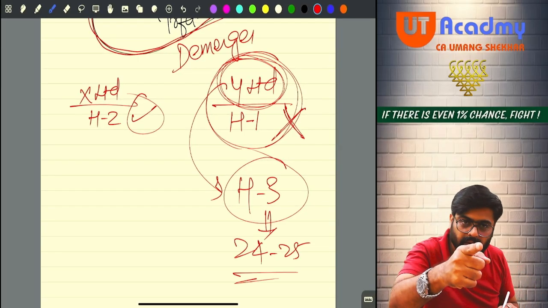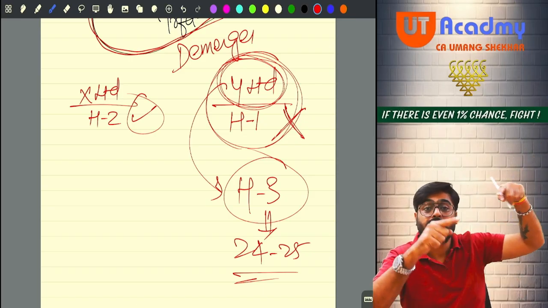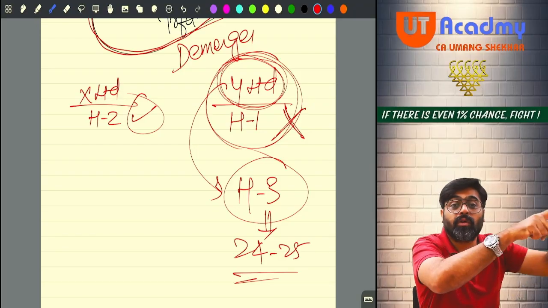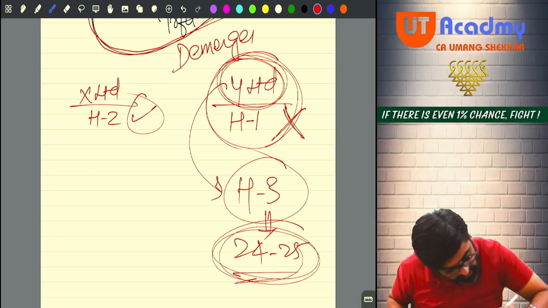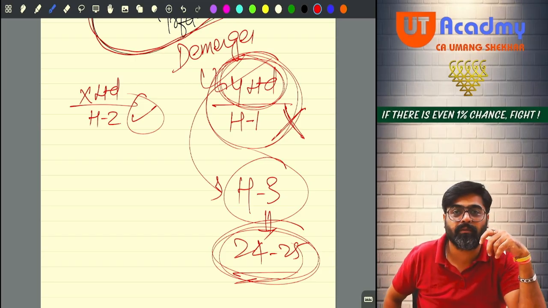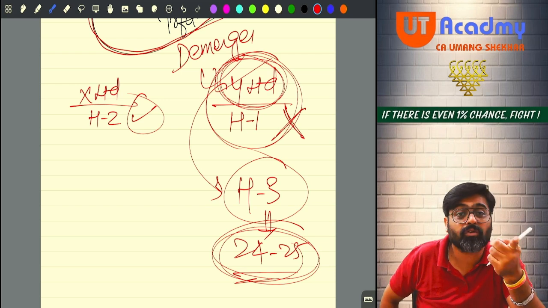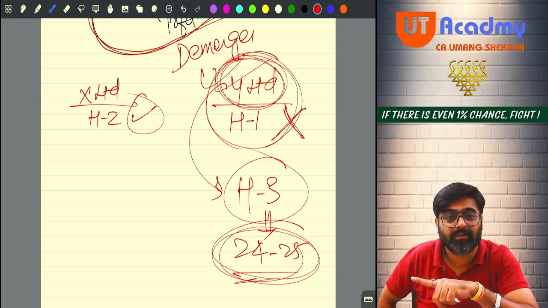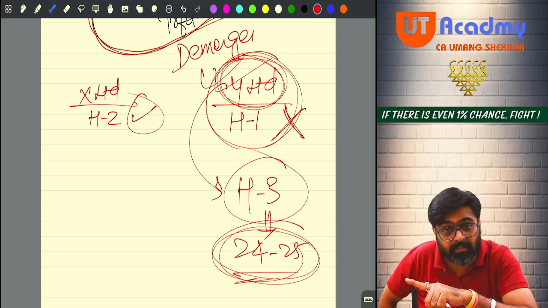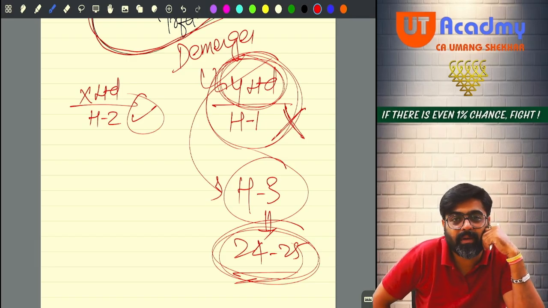Hotel number 3, a new business, new operations commenced on or after 1st April 2010. For this hotel business, Y Limited can claim 35AD. But not for hotel number 1, because that was a business already in existence, which you started on splitting up of the existing business. Getting my point?